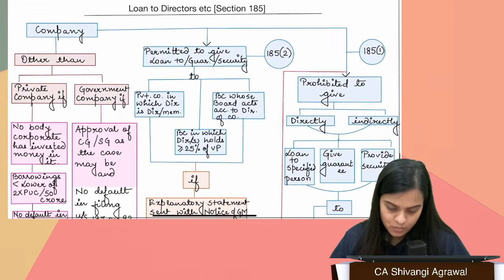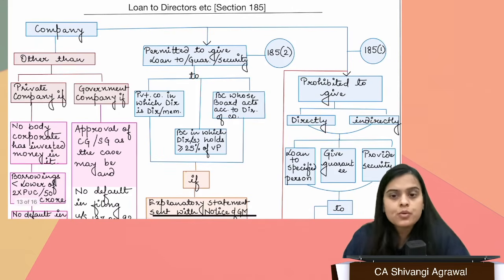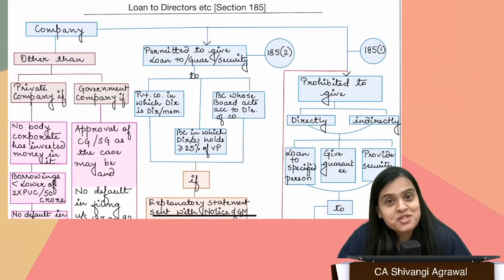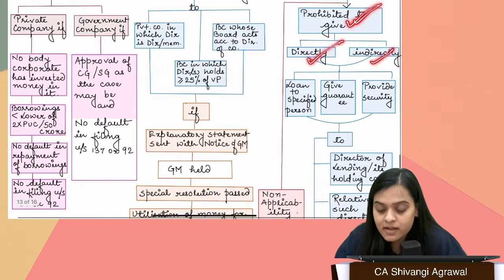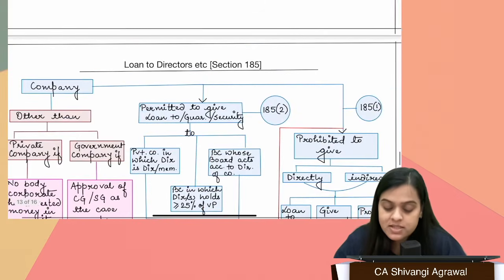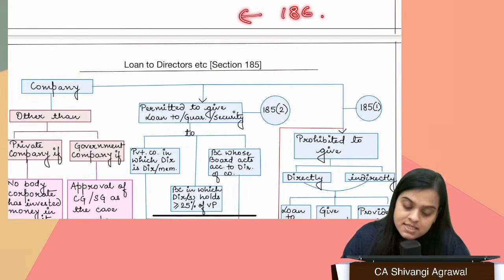Next, we come to section 185, loan to directors. Prima facie, what is the situation? The company is prohibited. You cannot directly or indirectly give loan, guarantee, or security. Now, when we are starting this particular section, we will also read section 186, where we will be talking about LGSI.